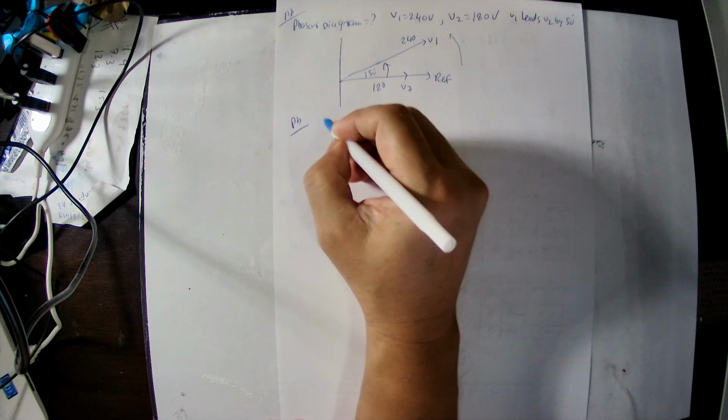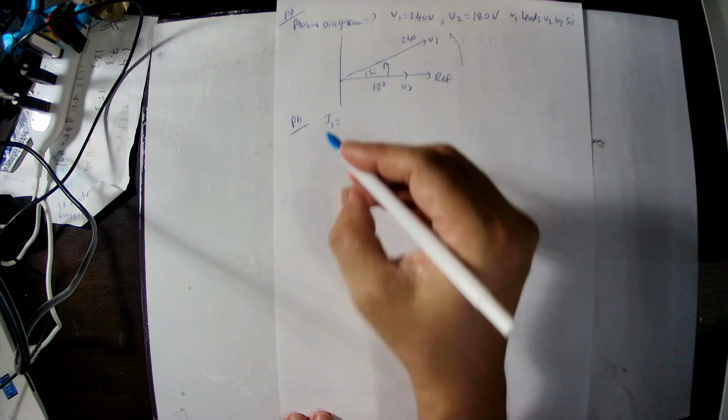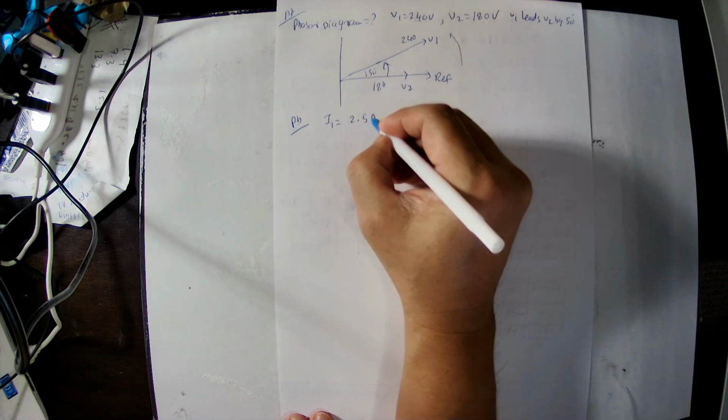The next one, we can also draw the three currents. I1 is 2.5 ampere. I2 is 3 ampere.